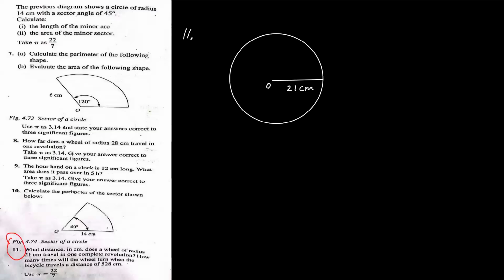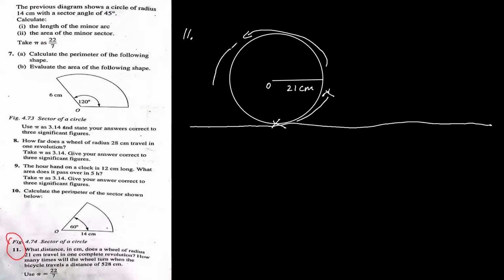So let's work that part first. Let's say this is the ground, and the wheel is touching the ground here. The wheel is going to make one complete revolution. It's going to turn and turn and turn.